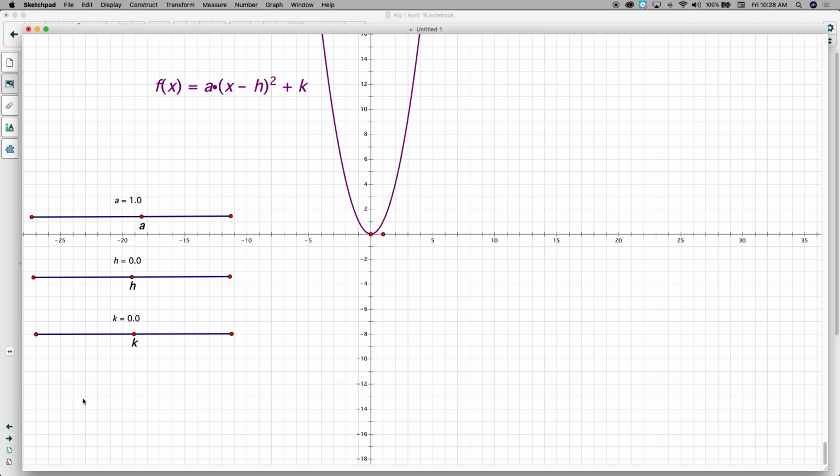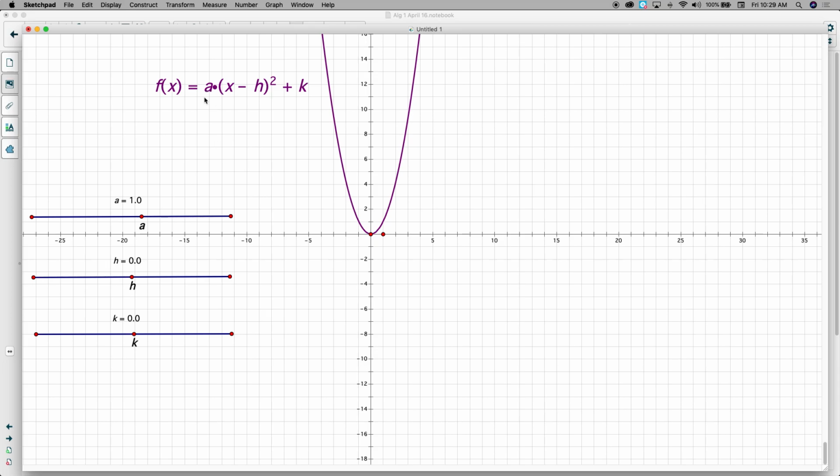All right, let's go for it. So I have that format here where f of x is a times some binomial square plus k. And I also have a slider for a and h and k, so I can change these numbers, and then we will see what happens and make an observation that will enable us to graph it more easily.